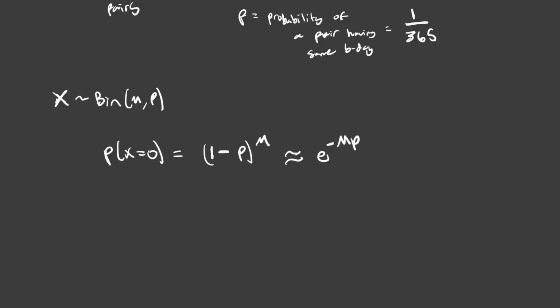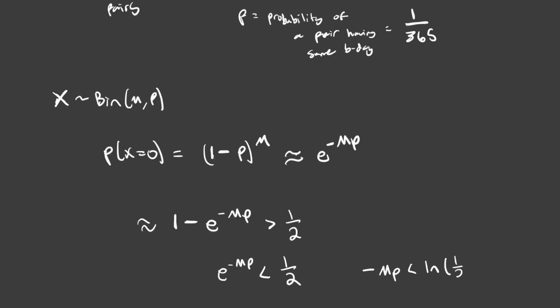So if we model it like this, that is the probability of no matches, approximately. The probability of any match is just going to be 1 minus e to the negative mp, approximately. And we want this to be greater than 1/2. That means we want e to the negative mp to be less than 1/2, just by rearranging this equation. Now, if we take the natural log of both sides, we have negative mp less than the natural log of 1/2.